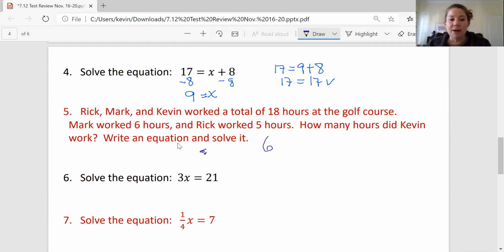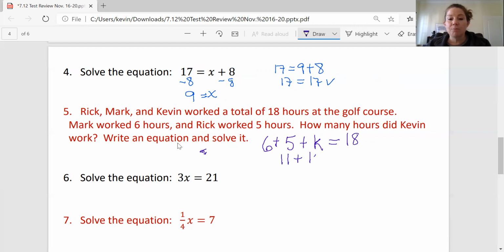So 6 hours for Mark, 5 hours for Rick. How about Kevin? I don't know. We don't know yet, do we? And they all together worked 18 hours. So K represents the number of hours that Kevin worked. So we're going to add our like terms. So 6 plus 5, we can add those.